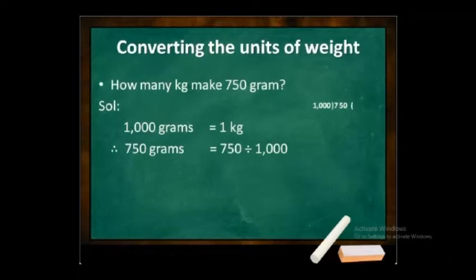Since 750 is smaller than 1000, you will put a point in the quotient column and add a 0. 1000 7s are 7000. When you subtract, you will get 500. Add a 0. 1000 5s are 5000. So the remainder is 0. So what is the answer you got? 0.75 kg.